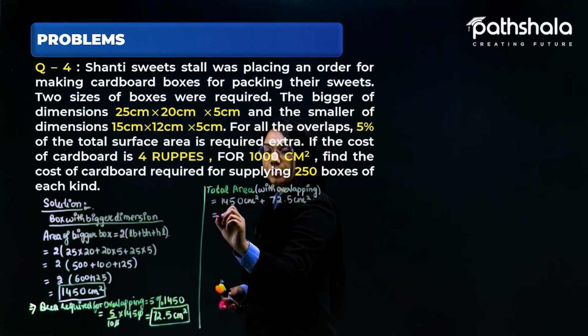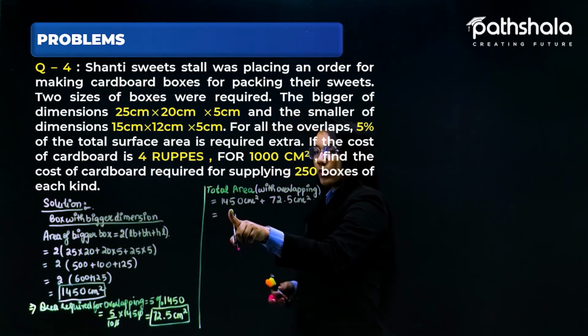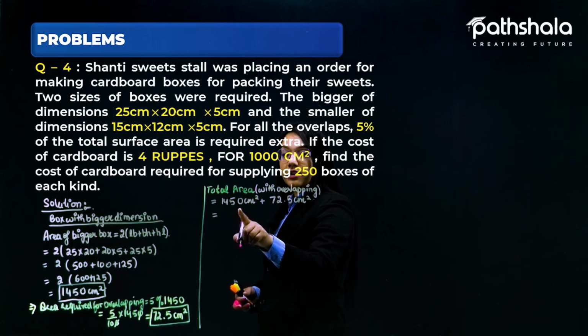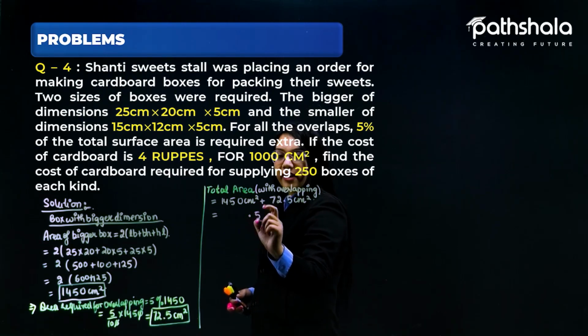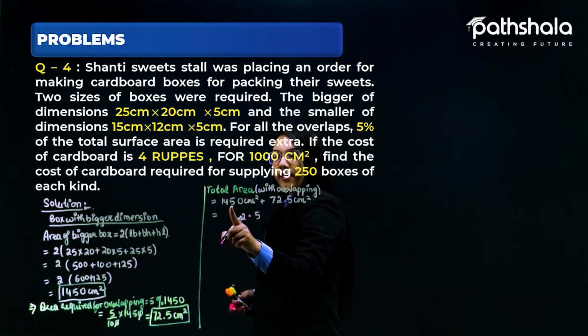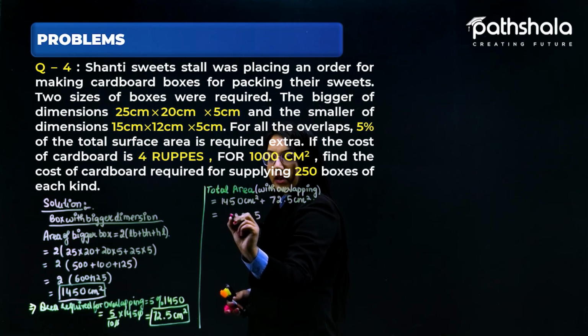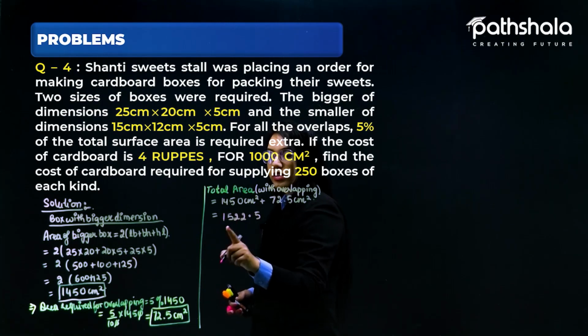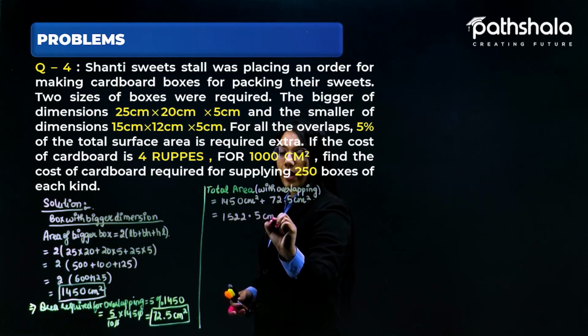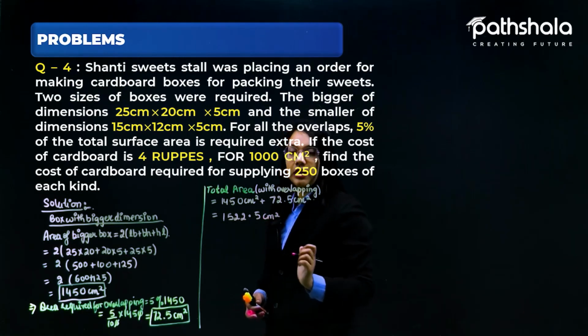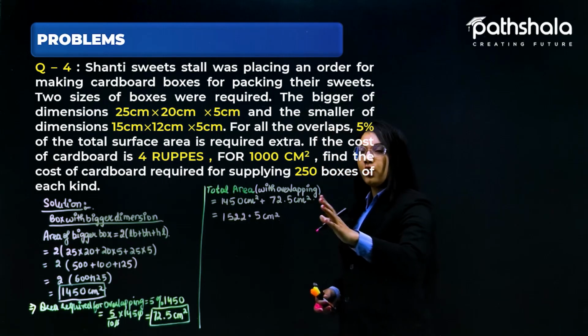Adding the two values, we get 1522.5 centimeter square. This is the total area which is required with overlapping.